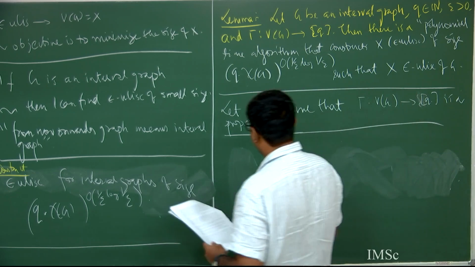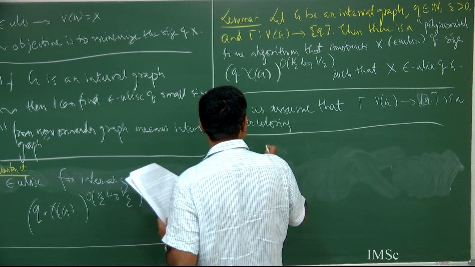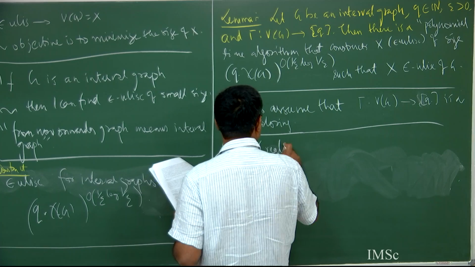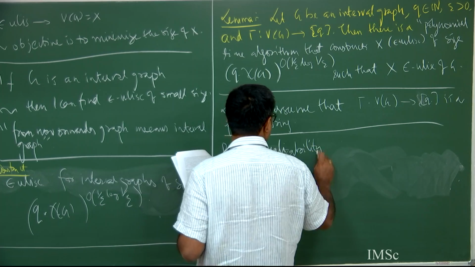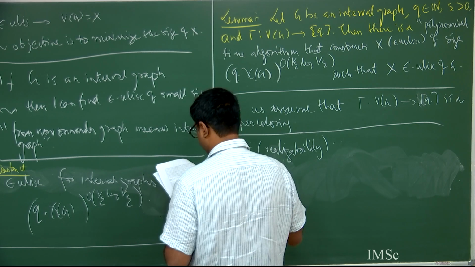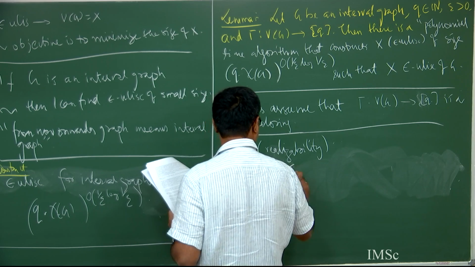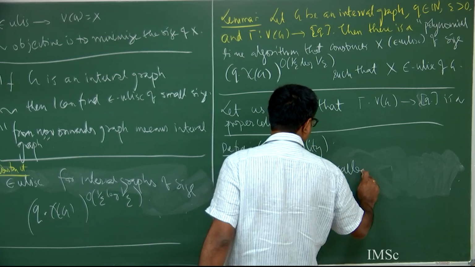Okay. So now let me define the notion of realizability. This is called the realizability definition. What is this? A subset Z subset of Q is called realizable.